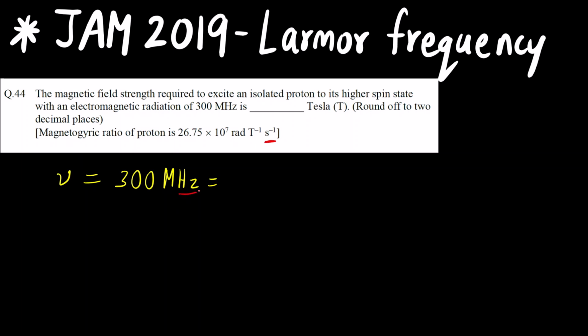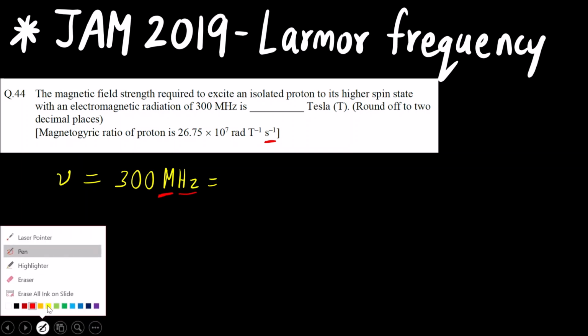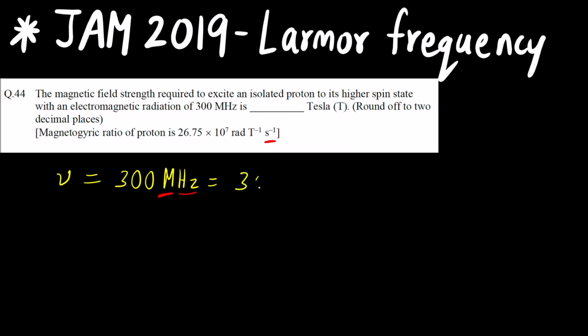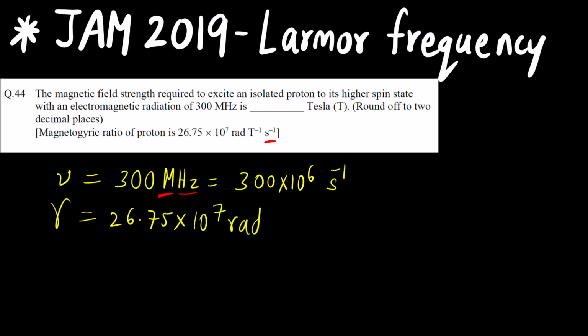Hertz means second inverse, but here we have megahertz, so we have to convert this into hertz. Mega means 10⁶, and hertz is nothing but second inverse. Then what else is given? The value of gyromagnetic ratio, gamma, is 26.75 into 10⁷ radian Tesla inverse second inverse.